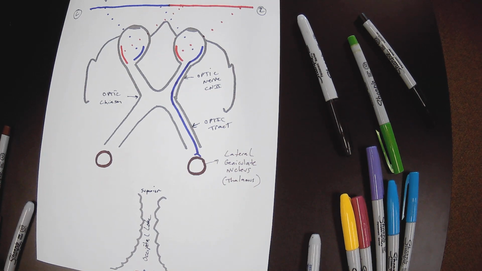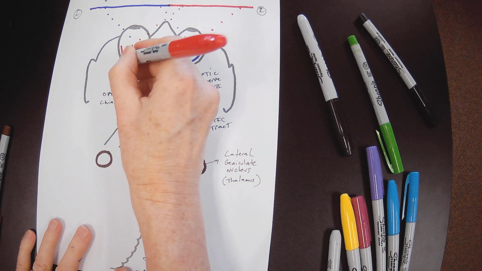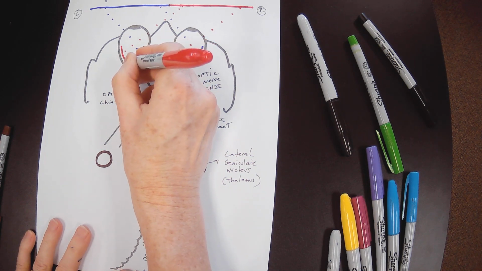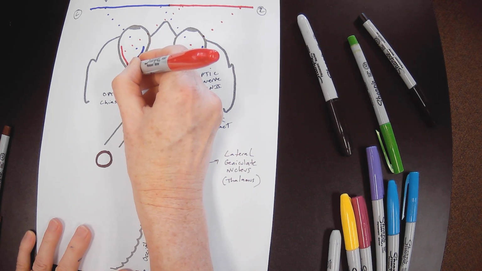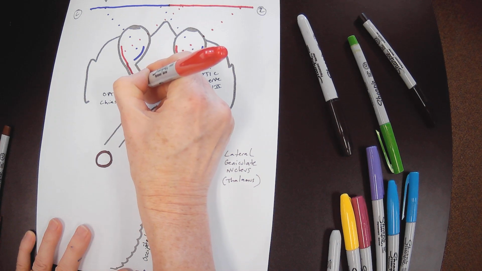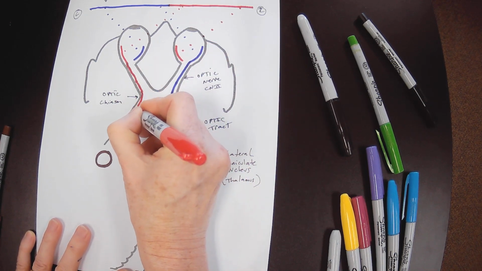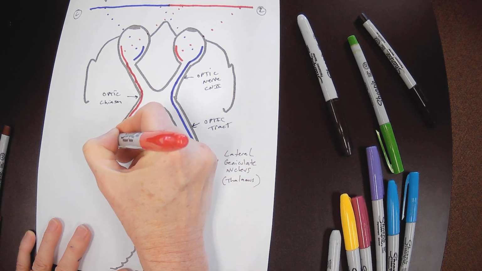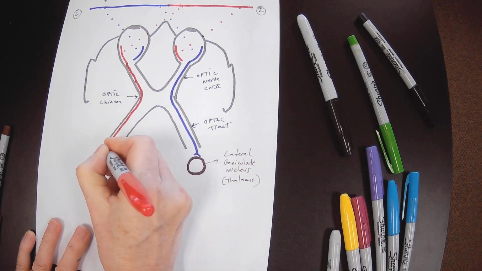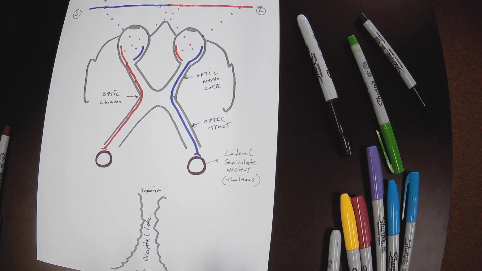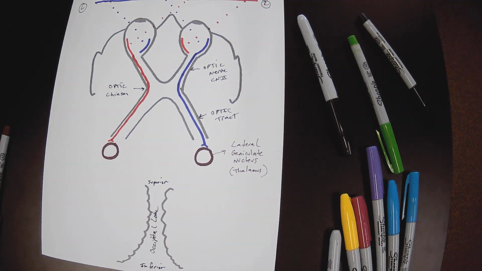Okay, same thing, nothing tricky happens with the temporal retina from the left side. It comes all the way down through the optic nerve, through the optic chiasm, through the optic tract to synapse with the lateral geniculate nucleus of the thalamus.